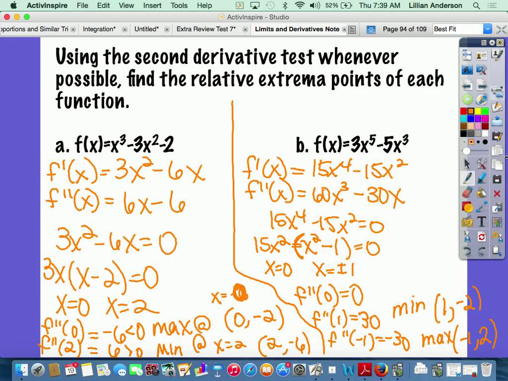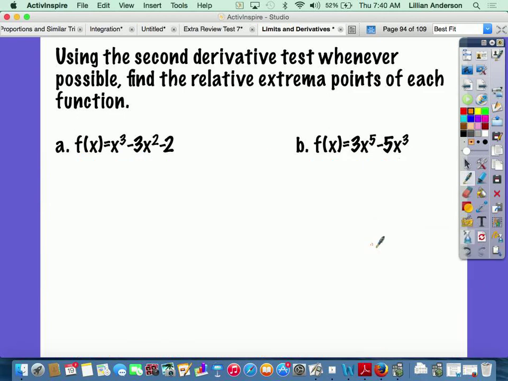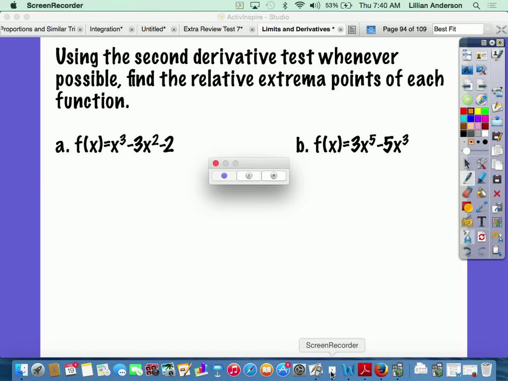So what we're going to do is take a look at an example, and you're going to use the second derivative test to find relative extrema, if it's possible. Okay, so here we go.